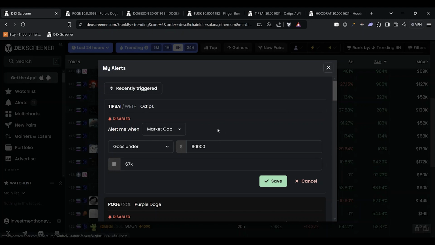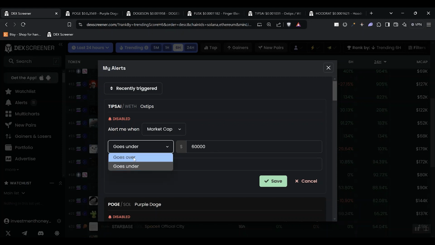When we set the alerts, we can see in the window what the market cap is, and then I set whatever I'm comfortable with as far as the under alert and the over alert. But oftentimes when you come back to these alerts, you don't know what market cap you were at when you set the alert.